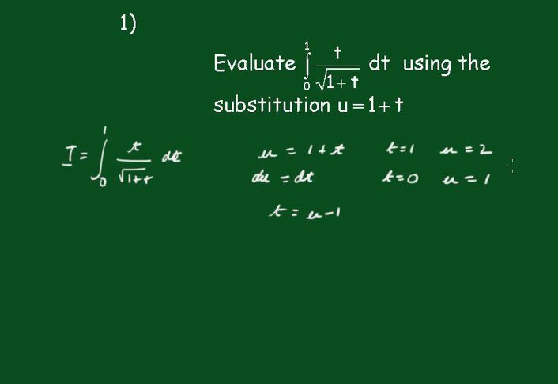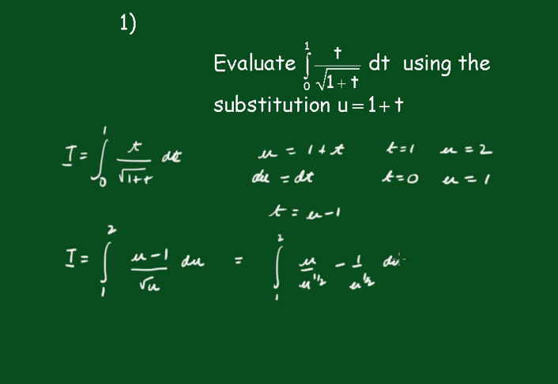Okay, so we're ready to change all this around. So this will be a 2 and a 1, and this will be u minus 1 over the square root of u, and this will be a du. Now, what we do here is I'm going to write this as u over u to the half, minus 1 over u to the half, du.